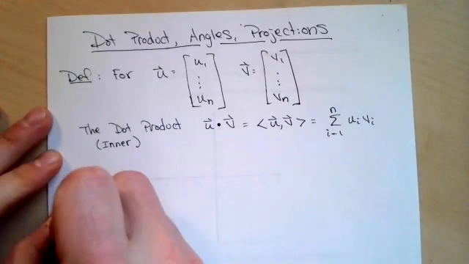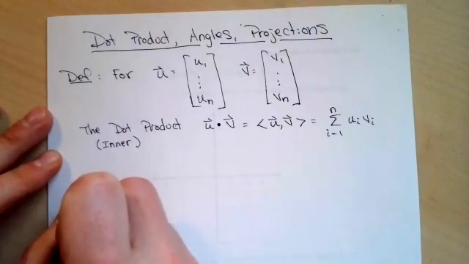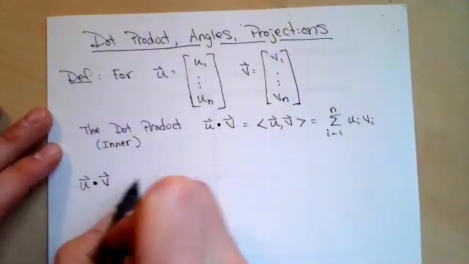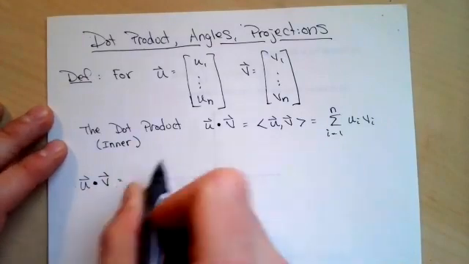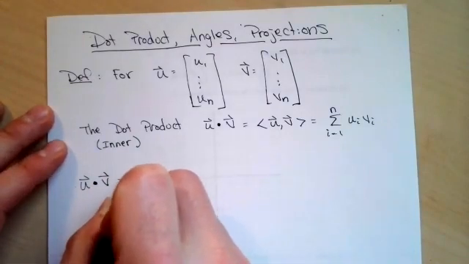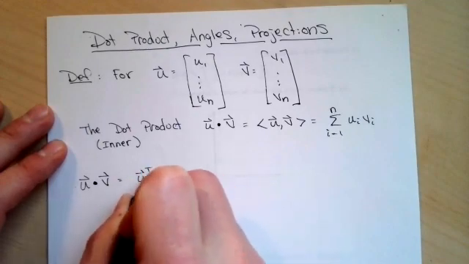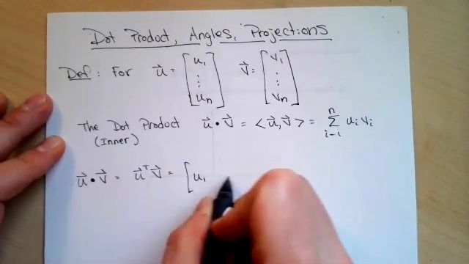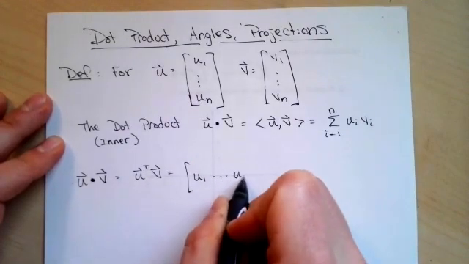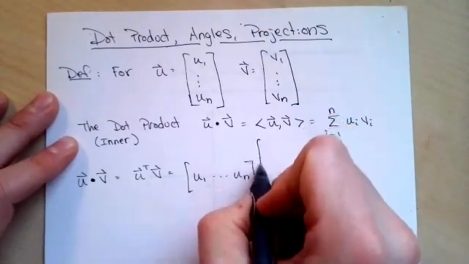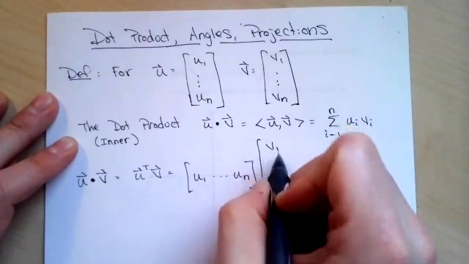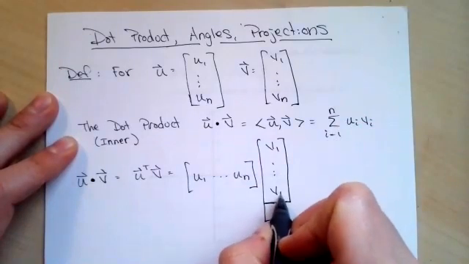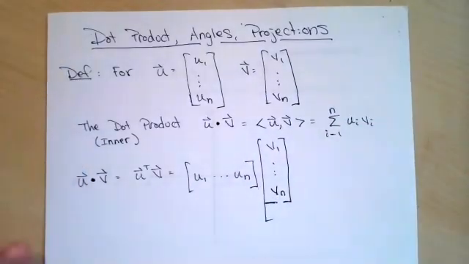Another way of writing it, since this is very much an analog of how we do matrix multiplication, we can write it as u transpose v. In other words, if we were to write u as a row vector and then do matrix multiplication with v, we would get the same thing.